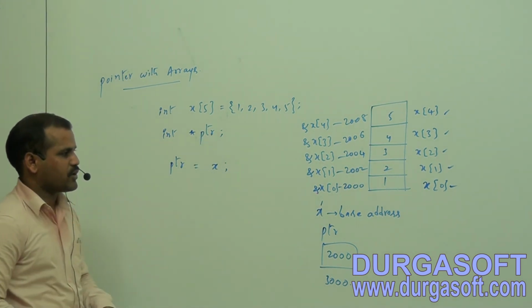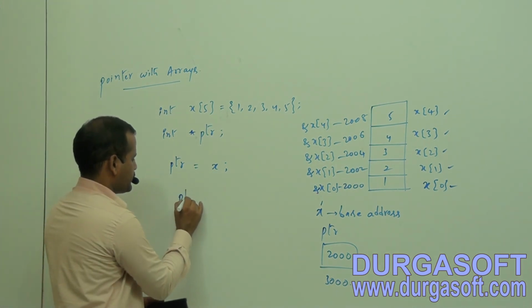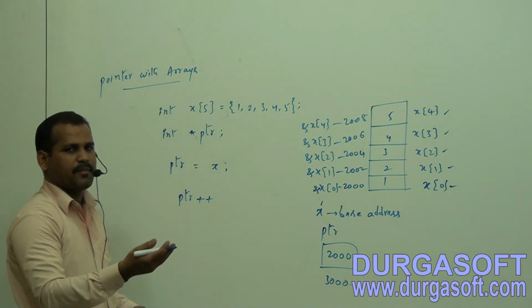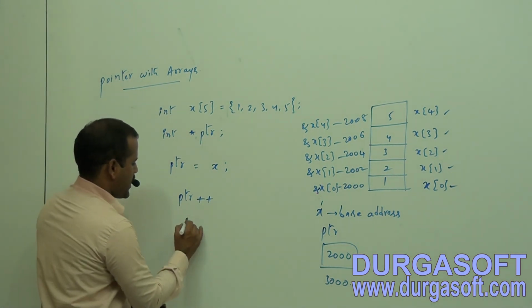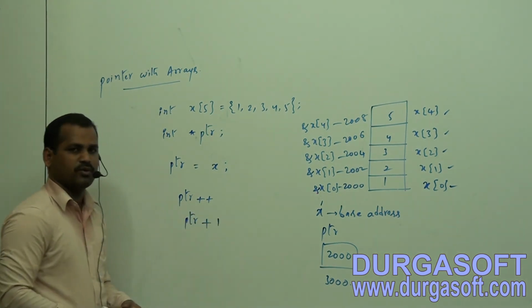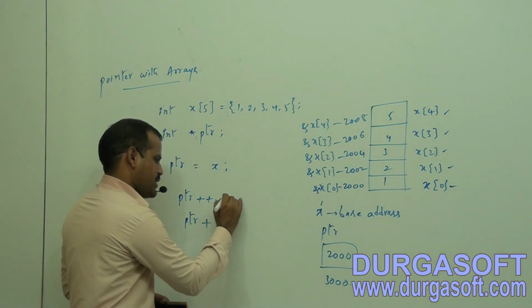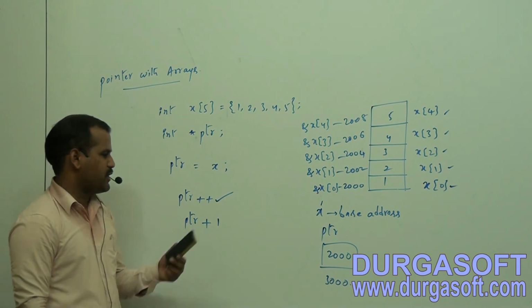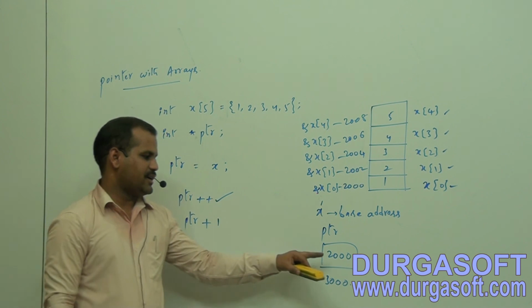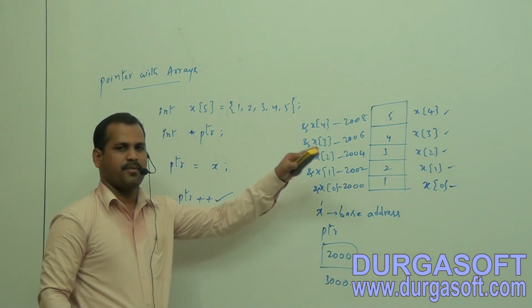Before entering into that program, we have to know one point: if this pointer is used with an increment operator, what happens? Or if this pointer is added with an integer value, that is 1 or 2 or 3, then what happens? Let us recall these points. If a pointer is incremented by using an increment operator, the pointer address will be incremented to the next data type value.